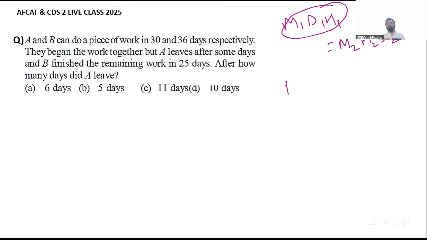Suppose A is doing it in 10 days, then 1 day work is 1 by 10. For the working purpose, I have solved it using two concepts: one is by using parts, and another by taking it as a whole as one. So the formula you are asking about, I could not grasp.